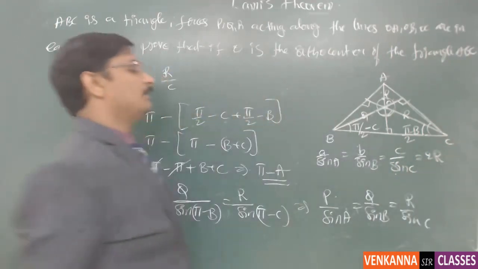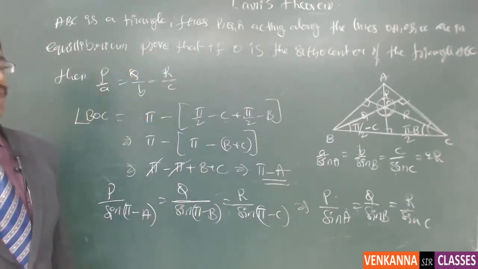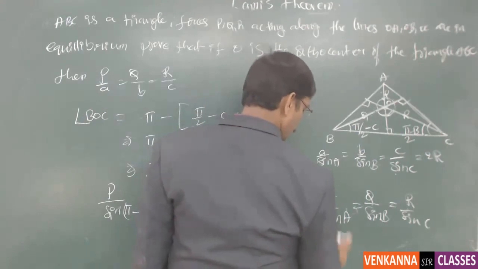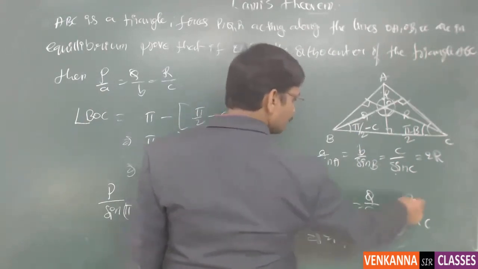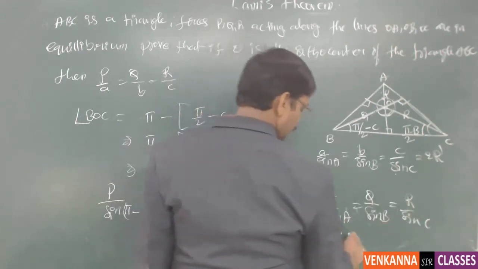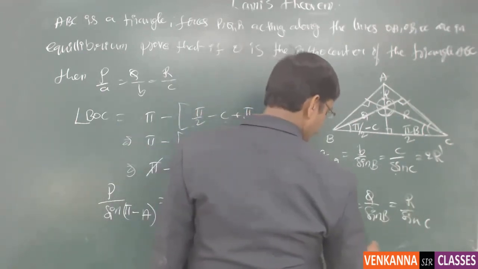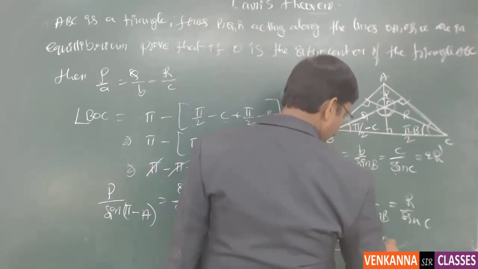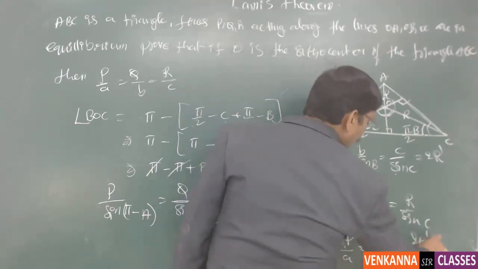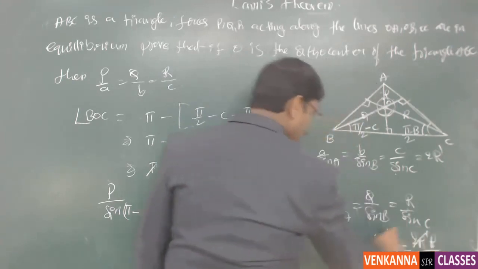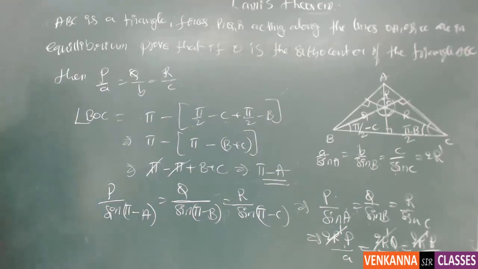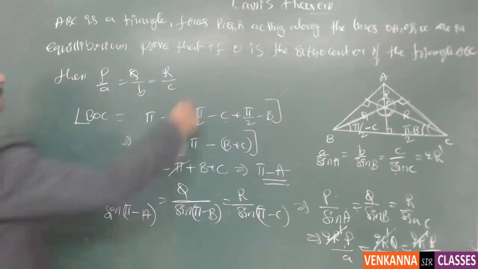So sin A can be replaced as a by 2R. This R is different, I call this 2R dash in that case. 2R dash into P by a is equal to 2R dash into Q by b is equal to 2R dash into R by c. So 2R dash, 2R dash, 2R dash will cancel out. Then P by a is equal to Q by b is equal to R by c. So this is the answer.